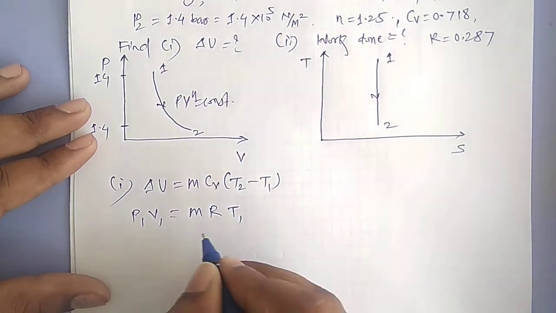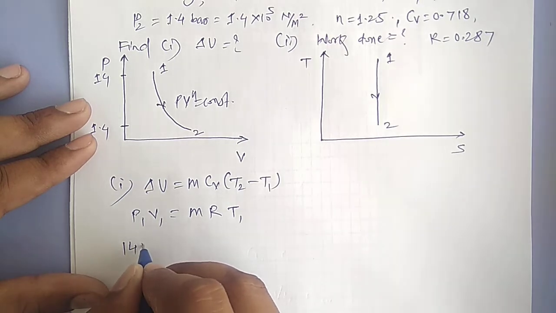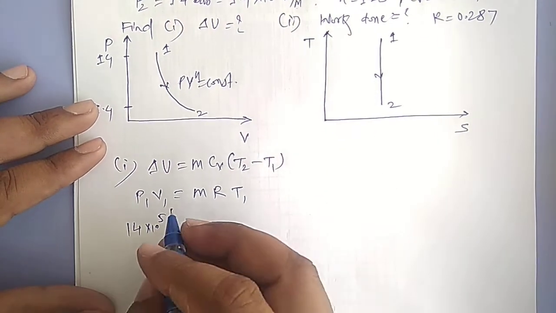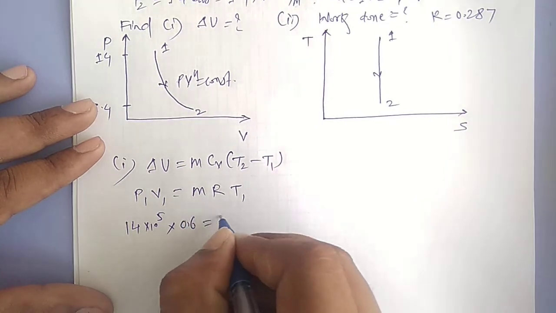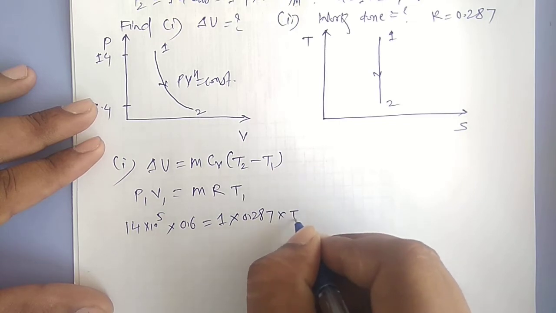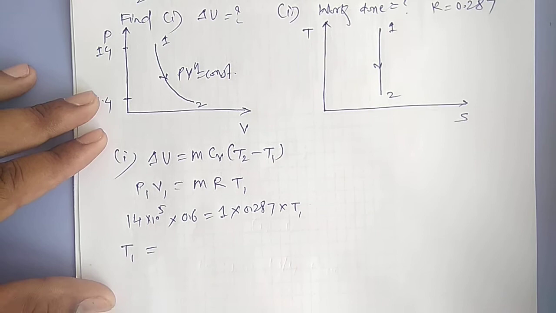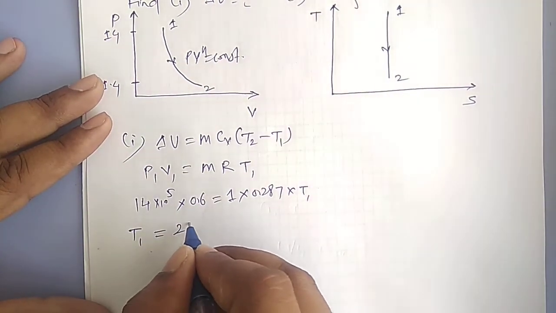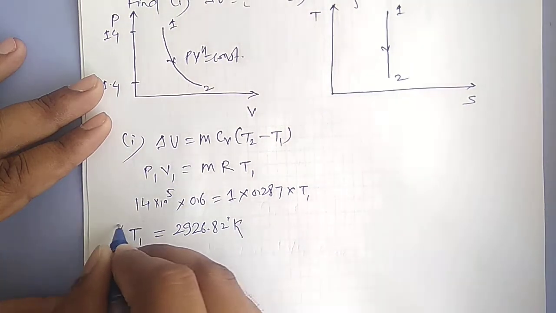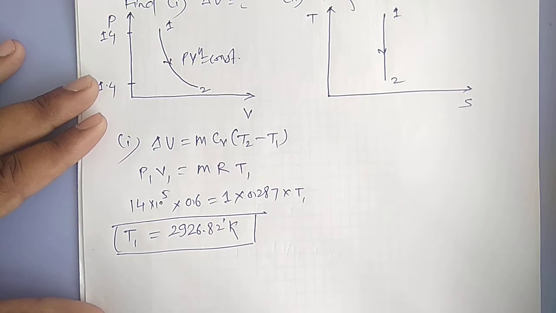So putting all the values: P1 is 14 into 10 raised to 5, the value of V1 is 0.6, m is 1, R is 0.287, and T1. So by calculating this we get 2926.82 degree Kelvin. This is the value of temperature T1.